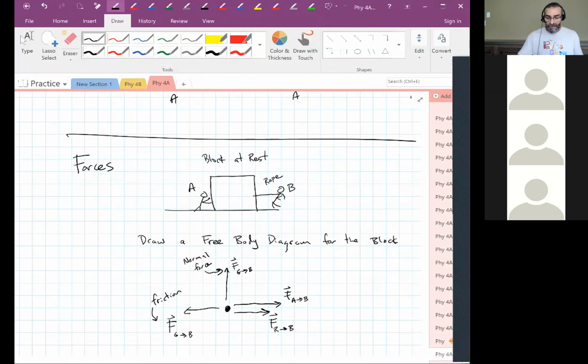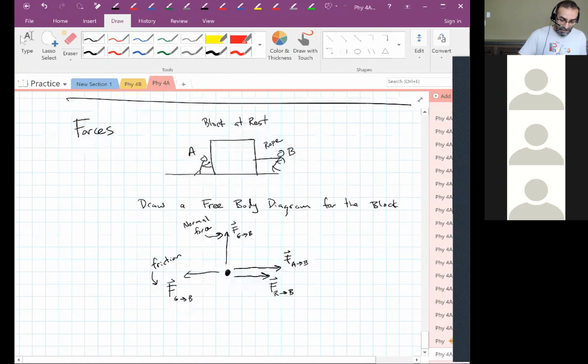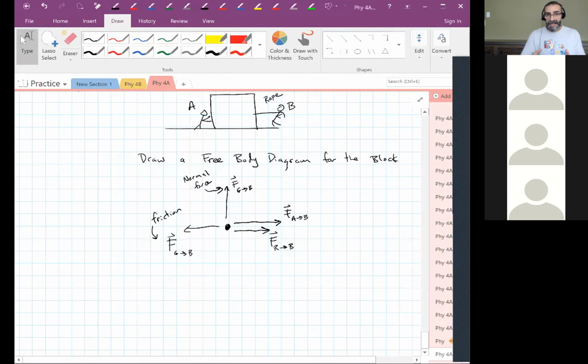Next quarter, there's electric forces and things like that that also manifest themselves at a distance. But for this quarter, we only have one. So think about everything that's touching the object, and then gravity can reach in from a distance. This is the Earth on the block. That's gravity.